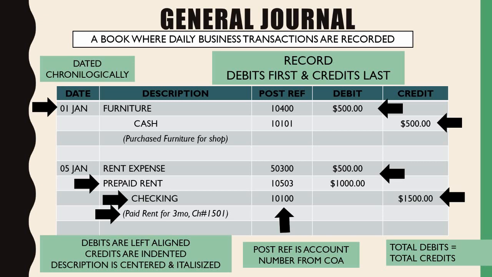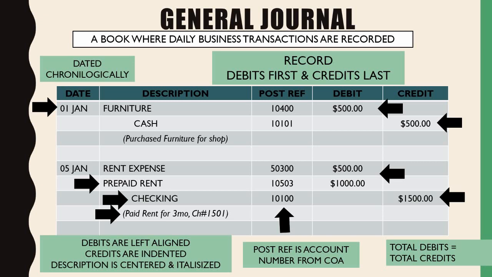A best way to recognize a journal entry without having to look very closely and read it is to recognize that anything that's left aligned is automatically associated with a debit. While if it's indented, that's how you know for sure that it's a credit. Okay? You can tell that just by looking at this transaction, right? Looking at the first one, I have one debit, and I have the equal and opposite credit right here.